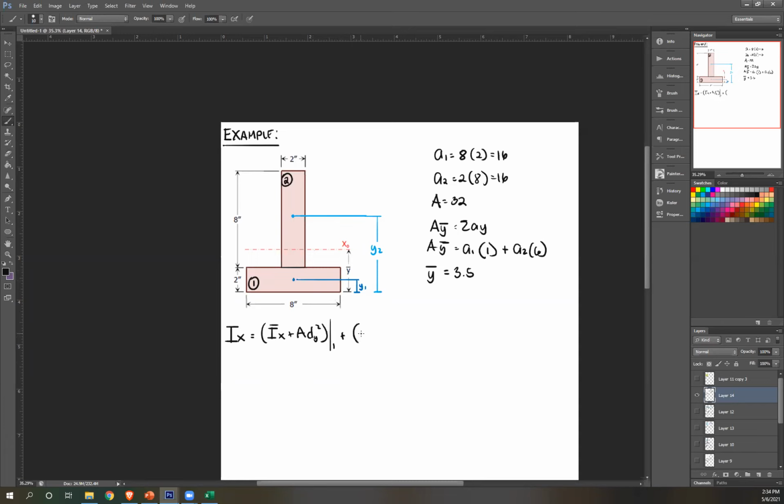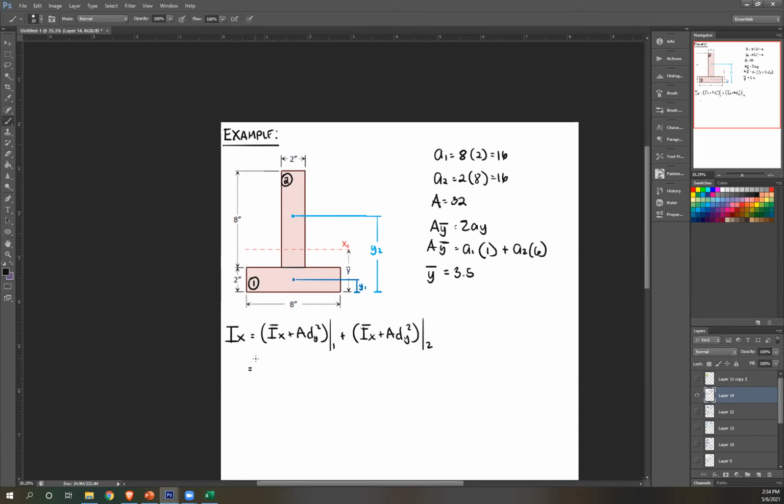And then plus, again, centroidal moment of inertia plus A dy squared. And this is for the second bar, or second area. And now let's just create our equation.